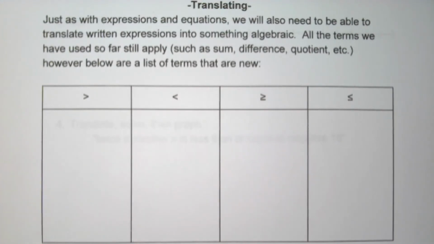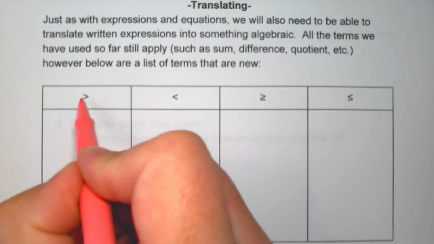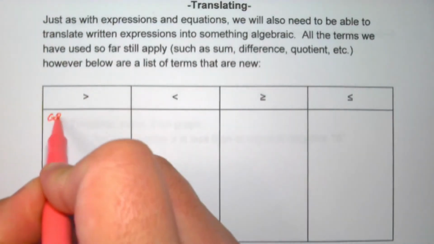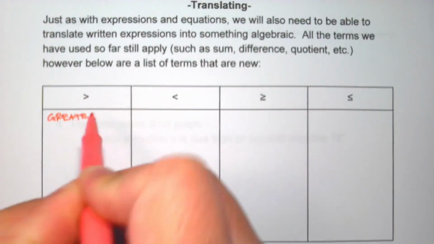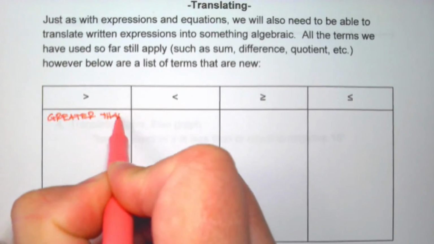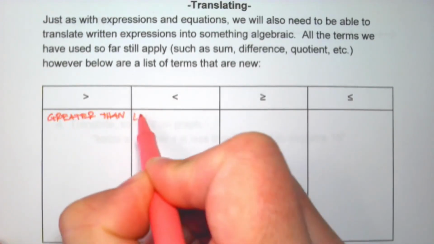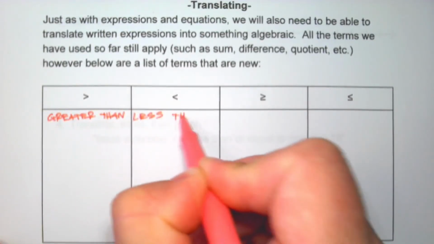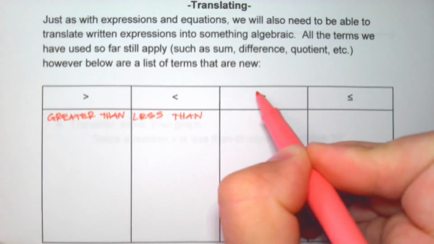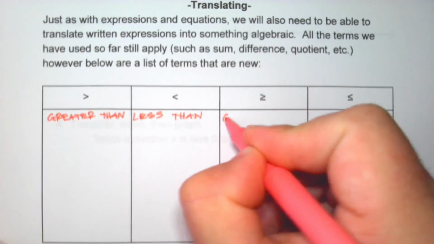So right off the bat, we have our standard 4. So here we have greater than, less than. Now, greater than or equal to.